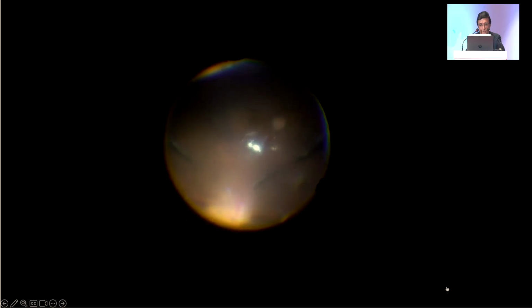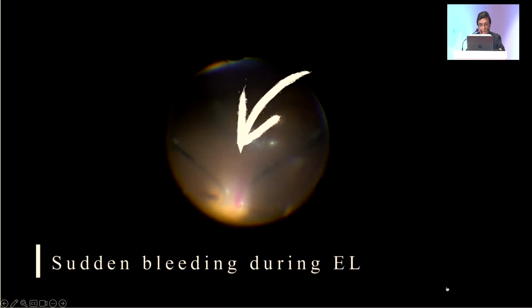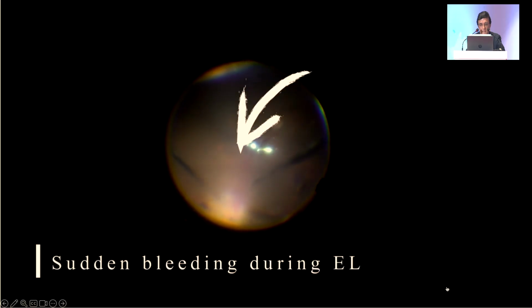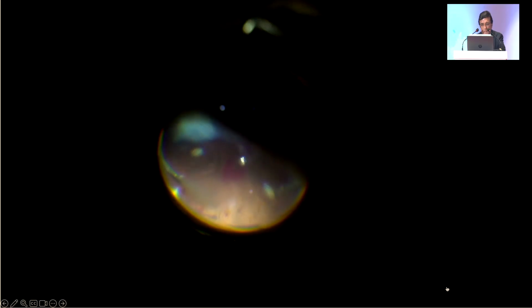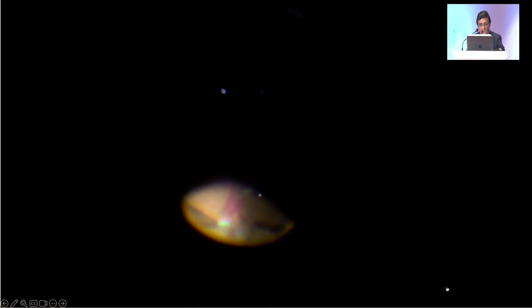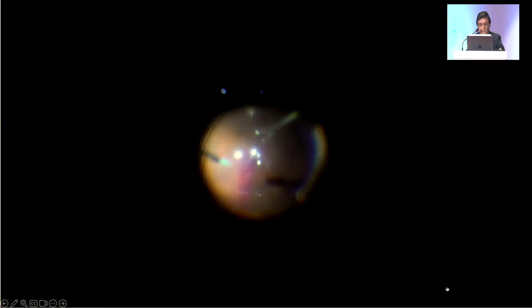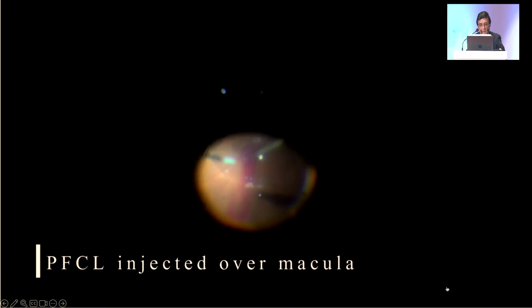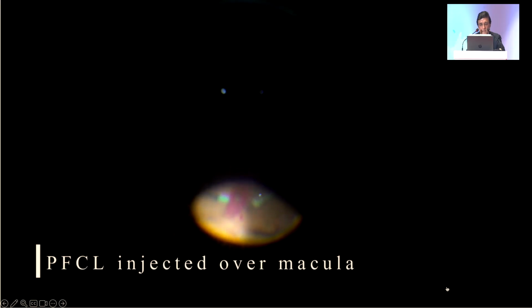While I was doing this laser under silicone oil, there was a subretinal bleed from the edge of the break. Now, it was very important, since the blood was subretinal in a silicone-filled eye, that I make sure the blood doesn't travel to the macular area. So PFCL was injected over the macula in a silicone-filled eye.